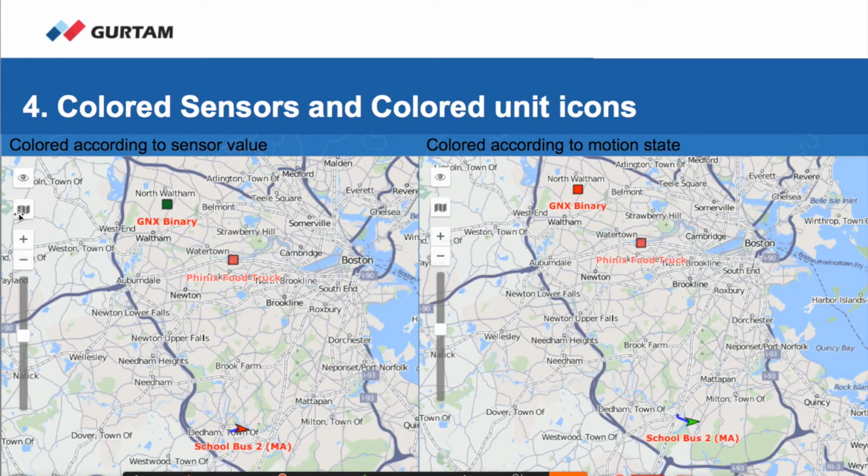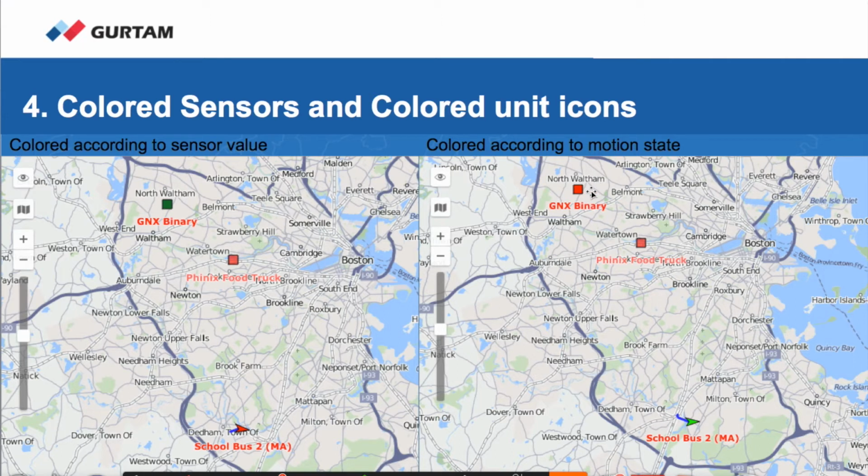Here I'd like to first of all remind you that instead of seeing the unit icons on the map, you can see the icons that correspond to the motion state of the unit. So let's pay attention to the right part of the screen, where the unit icons are colored according to the motion state.